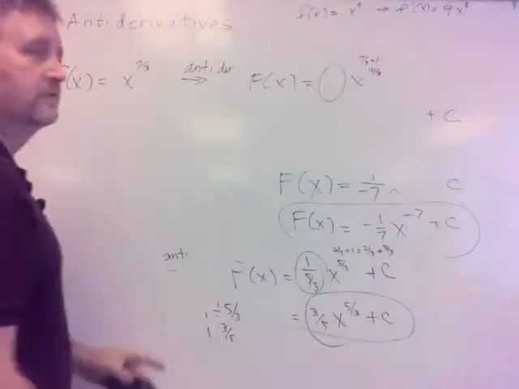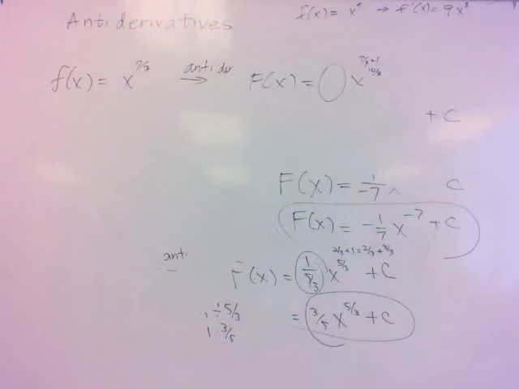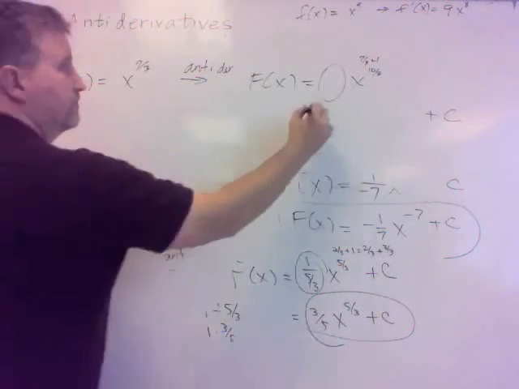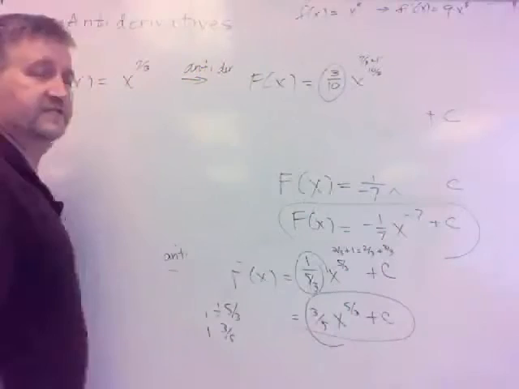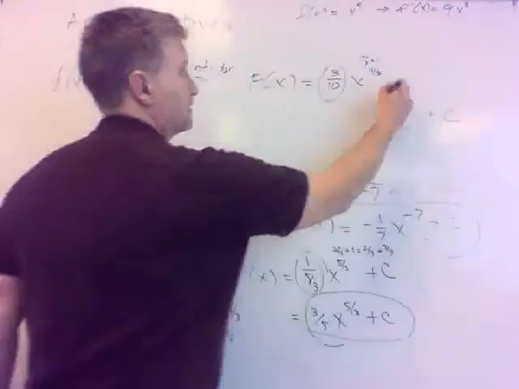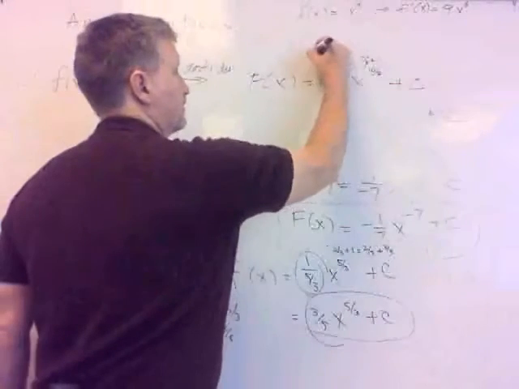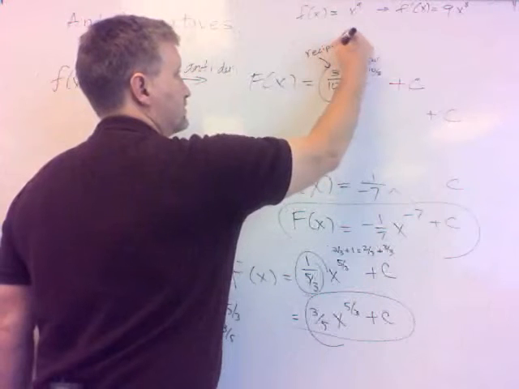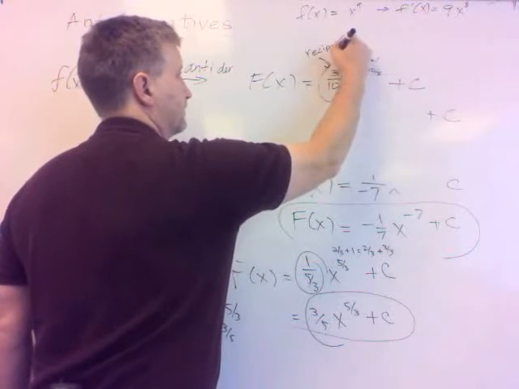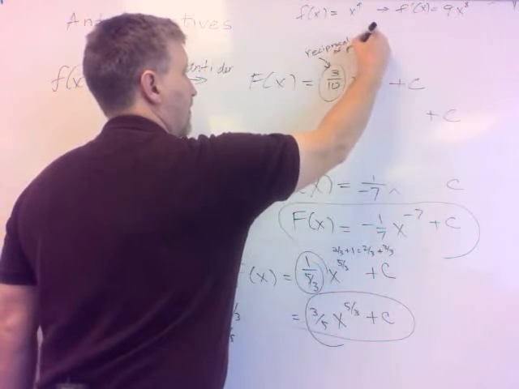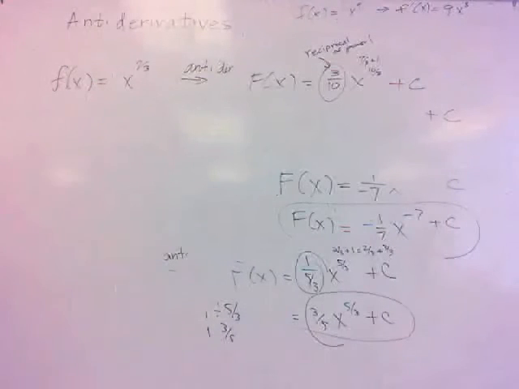What's the coefficient, though? It'd be 3/10. I mean, you can put 1 over 10/3 if you want, but it's going to be the reciprocal. It's 3/10. Okay? Especially handy when you have a fraction. All right. So far, so good.